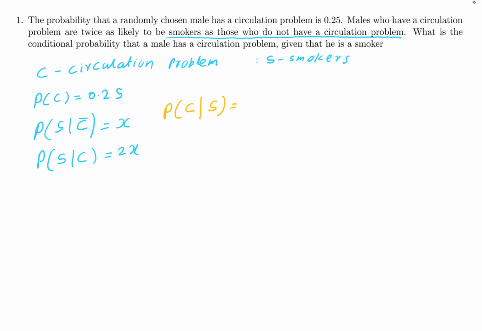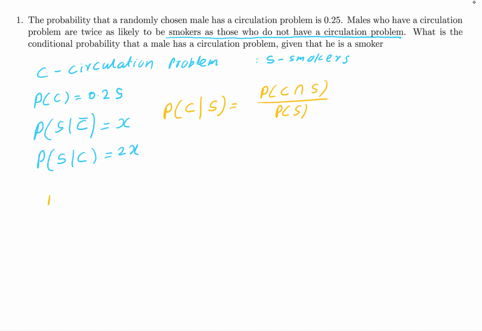First, we know we can find probability of C and S divided by probability of S. This is the conditional probability of C given S. We don't have that information, but we know the conditional probabilities here.